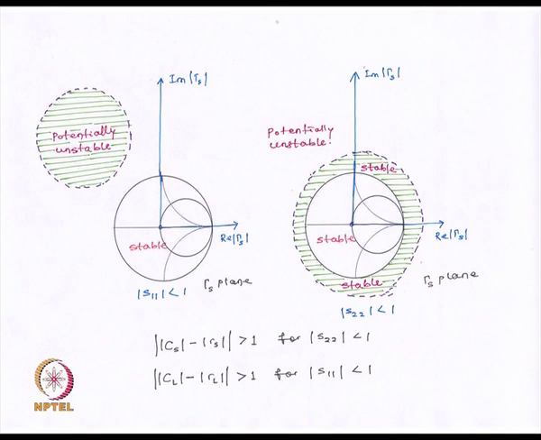Here is our input stability circle and here is our Smith chart. Now, one possible way this input stability circle can sit is if it is concurrent with the Smith chart.